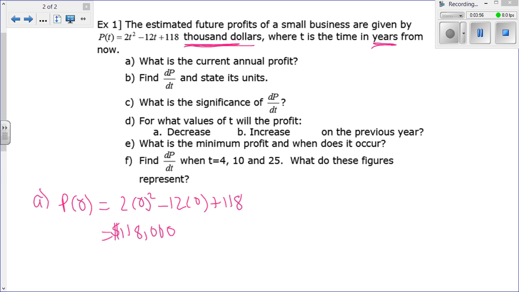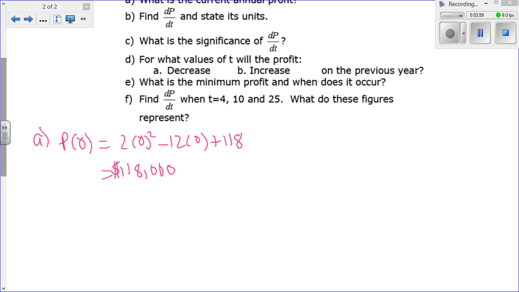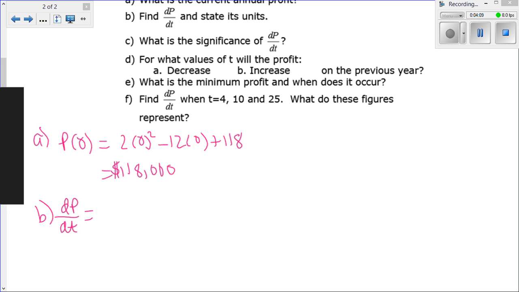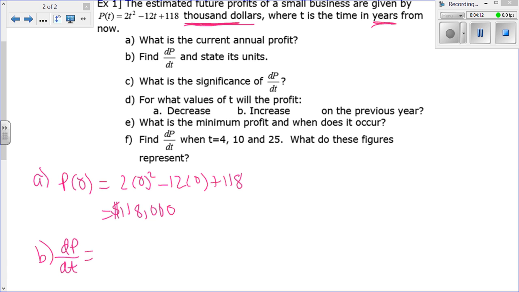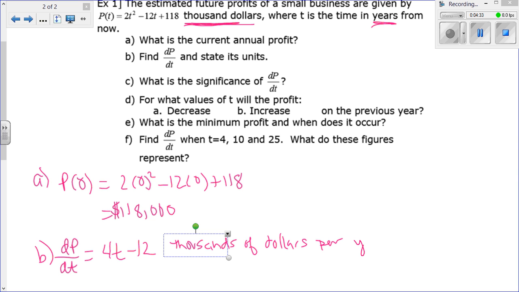Part B, find dP/dt and state its units. So to find dP/dt, that's just taking the derivative. If I take the derivative of my original function, I would get 4t minus 12, and my units would be thousands of dollars, and that would be per year.